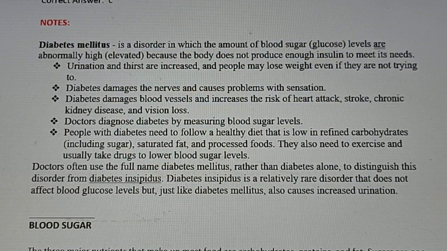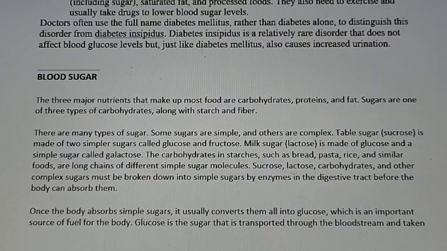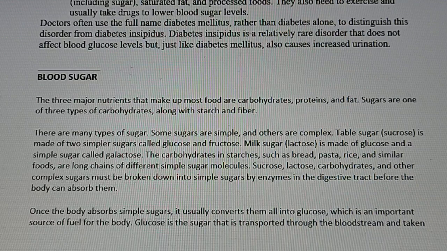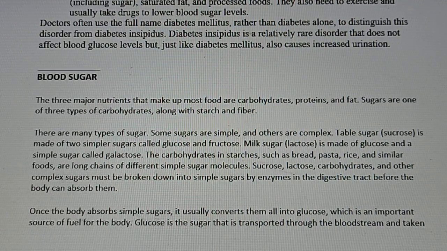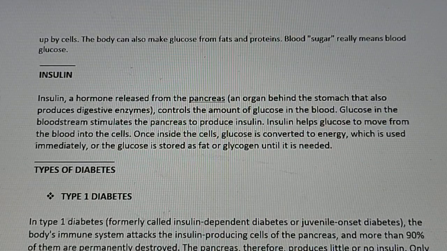I have here the notes about diabetes mellitus. Just read on this. It's about the blood sugar of somebody having diabetes mellitus type 1 condition. Additional information. We have here the insulin, so just read on this. And the types of diabetes, we have here as well.